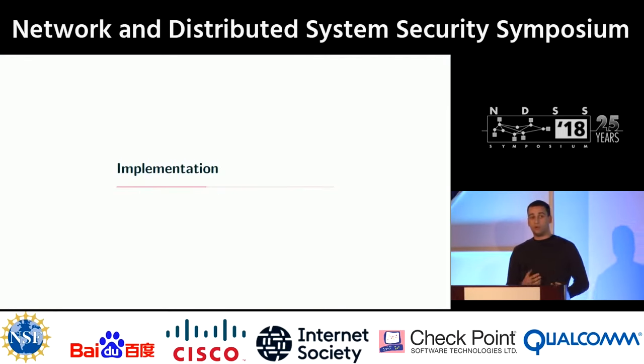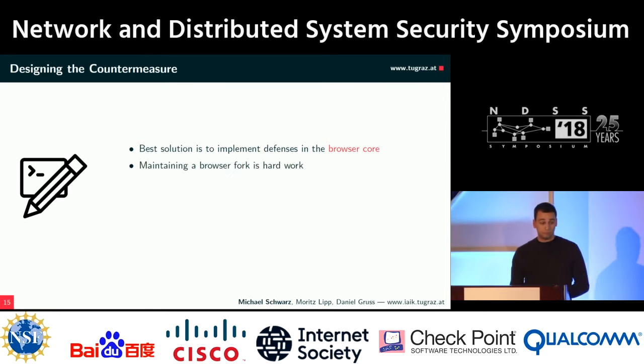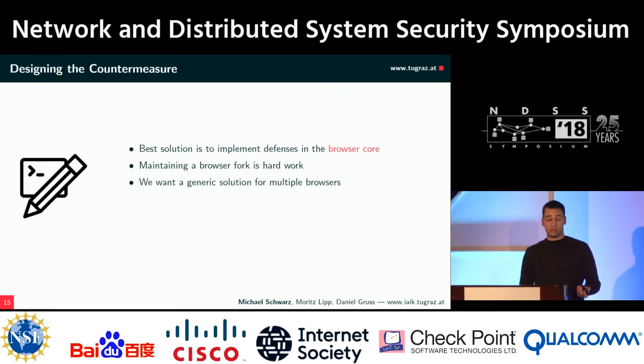Okay, so we now know how to prevent all of this. How can we implement that as an actual countermeasure? The best solution would be, of course, to have that in a browser core. But that would require all the browser vendors to implement it, which could take some time. Having a browser fork ourselves is hard work, and maintaining that takes a lot of time.